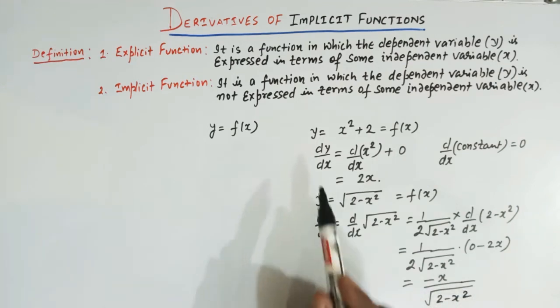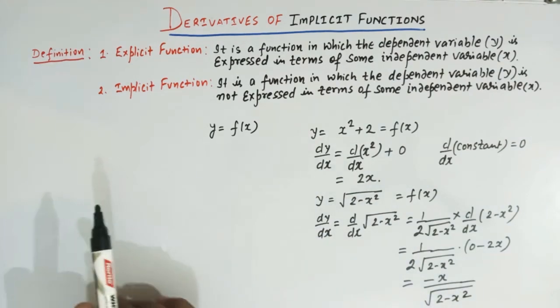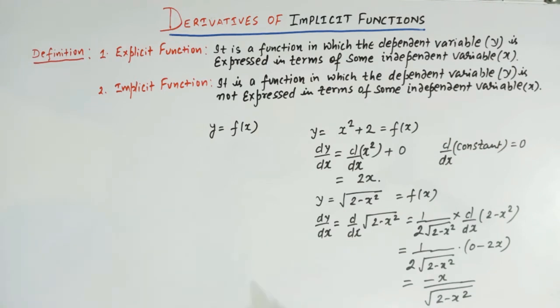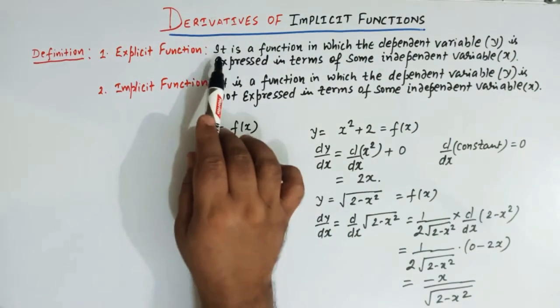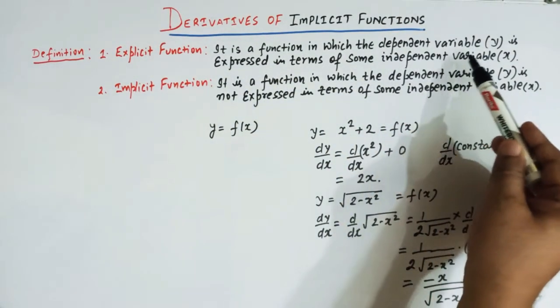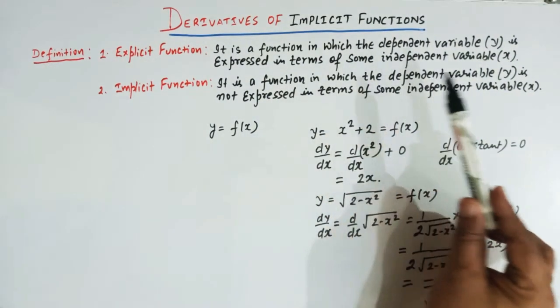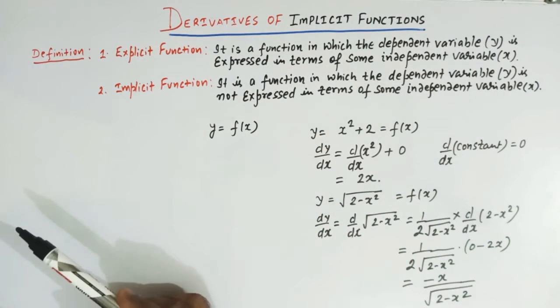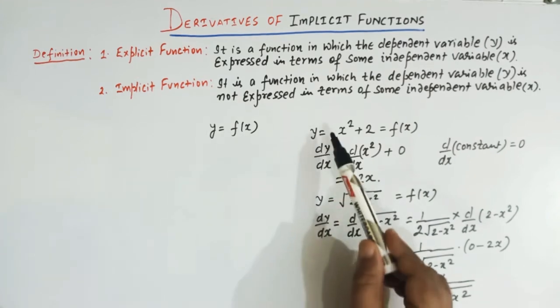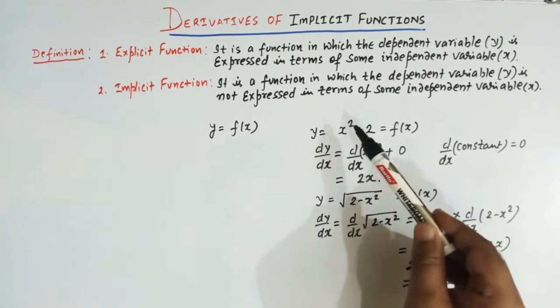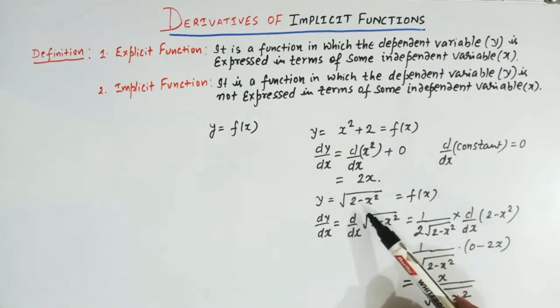So viewers, this is how we find the derivatives of explicit functions. So what are explicit functions? It is a function in which the dependent variable y is expressed in terms of some independent variable x.